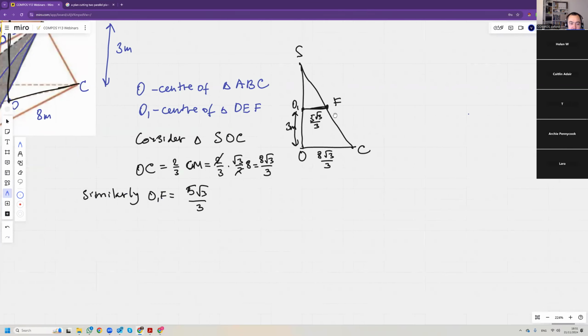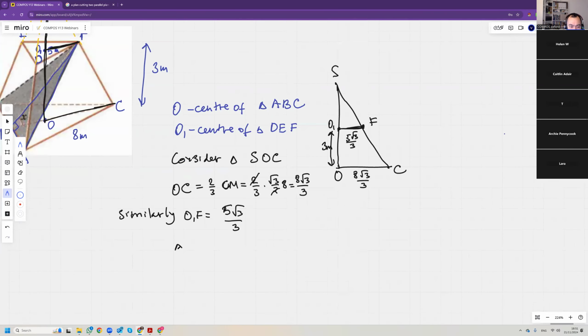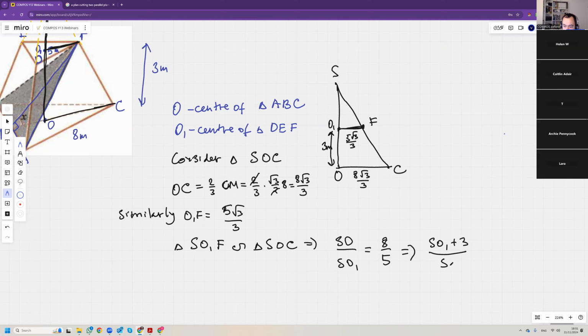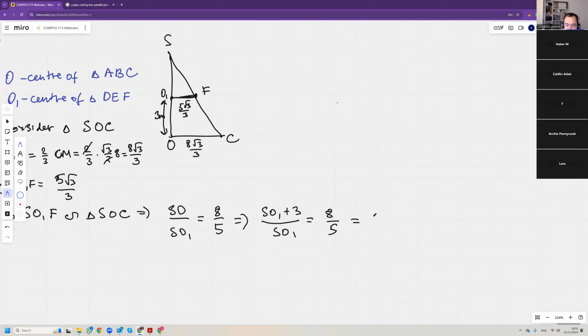And from the similarity, because triangle SO1F is similar to triangle SOC, that means that the ratio of SO to SO1 is 8 to 5. And from here, SO is SO1 plus 3, divided by SO1, equal to 8 to 5.